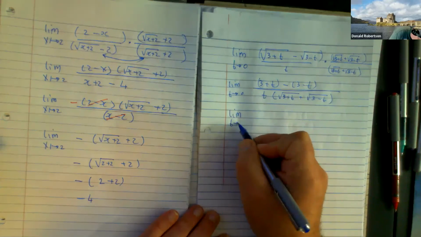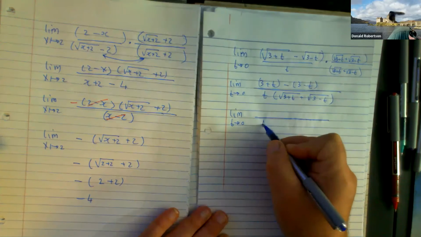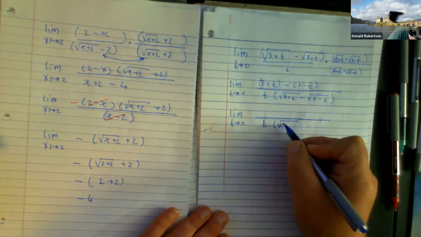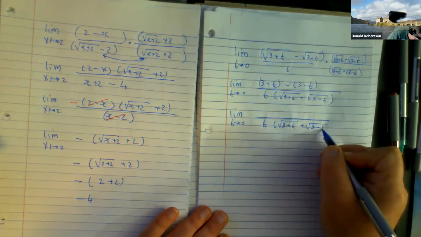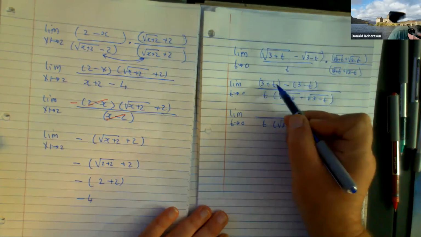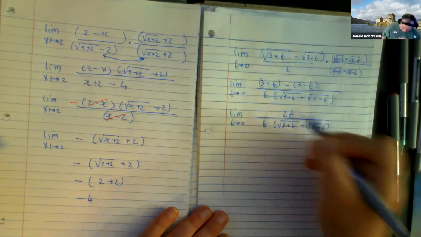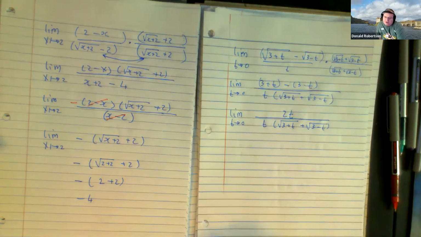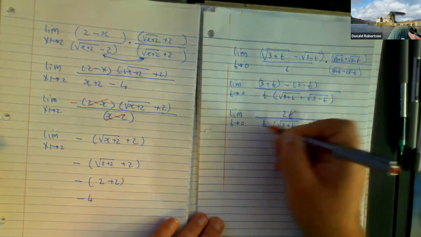Now I'm going to collect like terms. Essentially 3 take away 3 goes away, t take away a minus t is add a t, so you get 2t. And it looks much nicer. And I get a nice cancel, a 1 for 1.